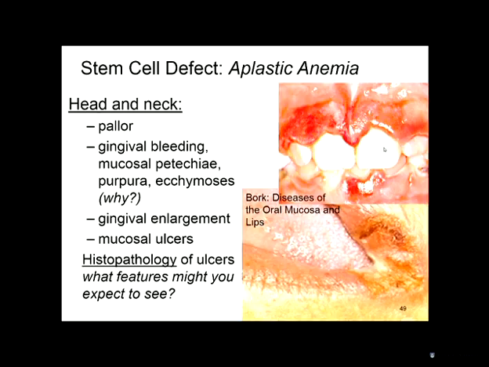Some gingival enlargement, it can be related to inflammation. It can also be related to susceptibility to infection. But you get ulcers, and ulcers are characteristic of this condition because these patients are susceptible to infections.